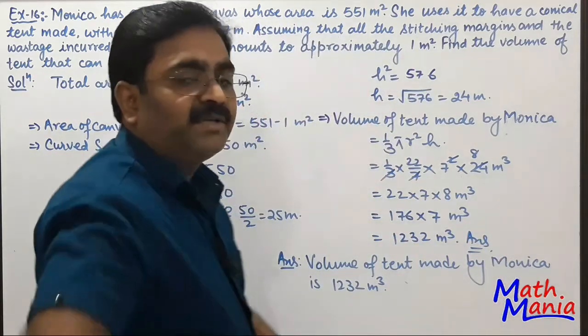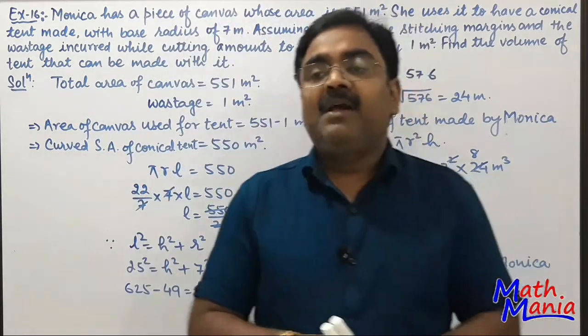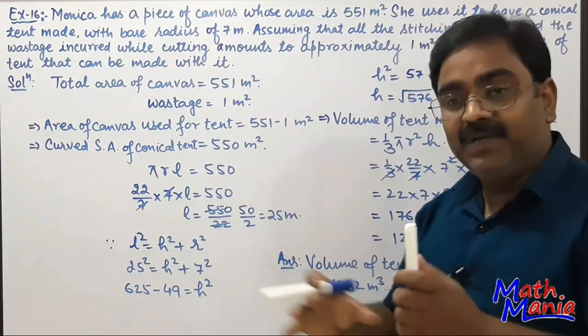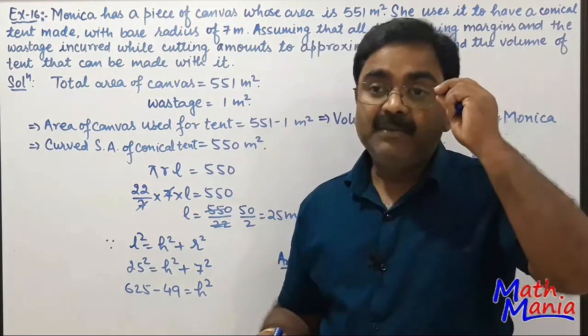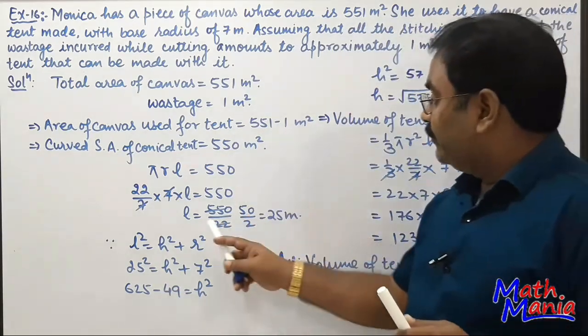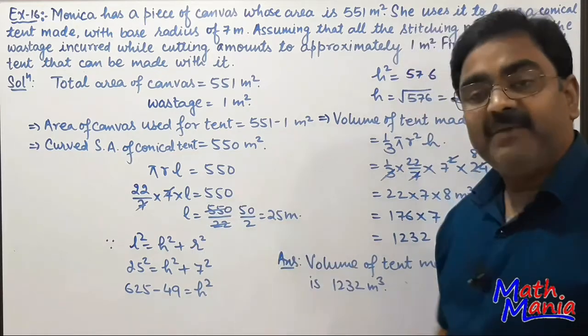Right friends, so in this what we have done: after getting the actual surface area of the tent, means the canvas which is used to make this tent, we got the value of slant height. Slant height came 25 meter.